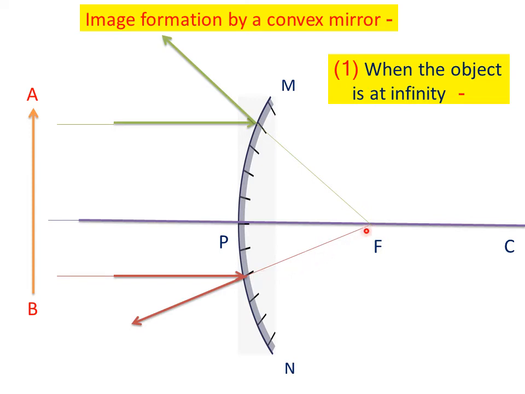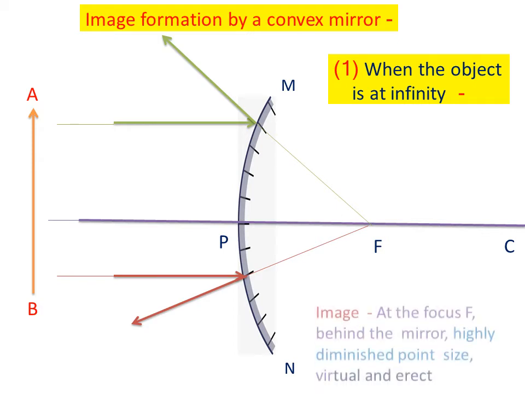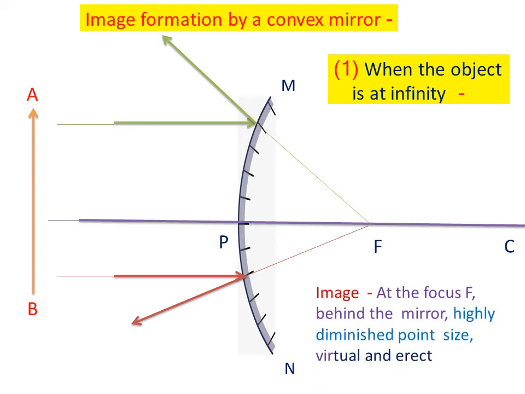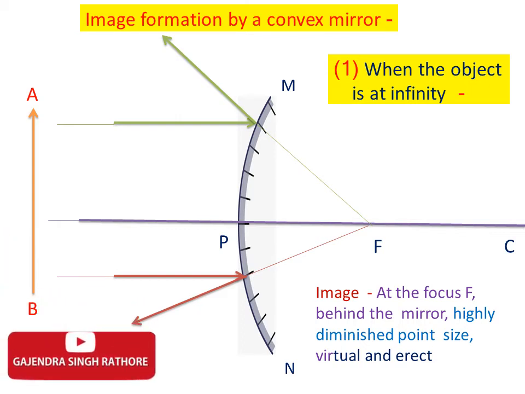So we get a point-size image at the focus F, behind the mirror. It is a highly diminished, point-size image, virtual and erect because it is behind the mirror. So this is the image when the object is at infinite distance.